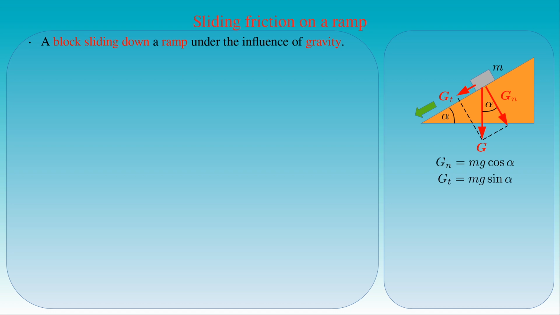The net force exerted on the body sliding down the ramp is the vector sum of the tangential component of the weight G and the frictional force, and these forces point in the opposite directions. The normal component of the weight is compensated by the force minus Gn exerted on the block by the ramp. Coulomb's law of friction states that the magnitude of the frictional force exerted on the block is equal to the coefficient of the sliding friction mu, times the magnitude of the normal force acting on the body.